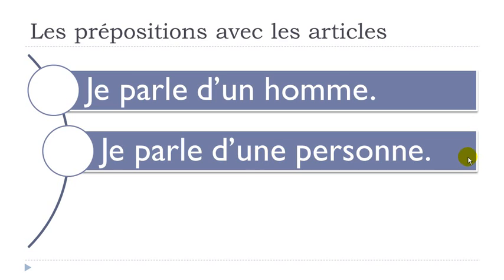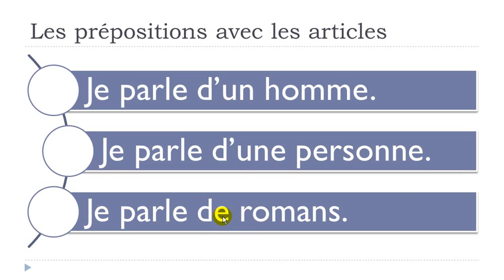All right? The tricky thing is when you want to combine de and des, all right? Just because we think that it would sound strange to have this de, des, romans, okay? So the thing that will disappear will be the article, okay? So that's the reason why we get je parle de romans, all right?